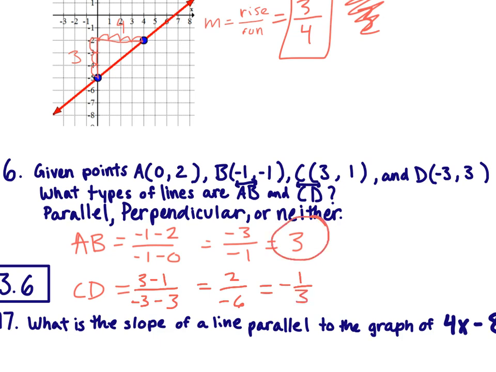So we have a line with the slope of 3 and a line with the slope of negative 1/3. Would these two lines be parallel, perpendicular, or neither? Perpendicular. Because these two are opposite reciprocals.